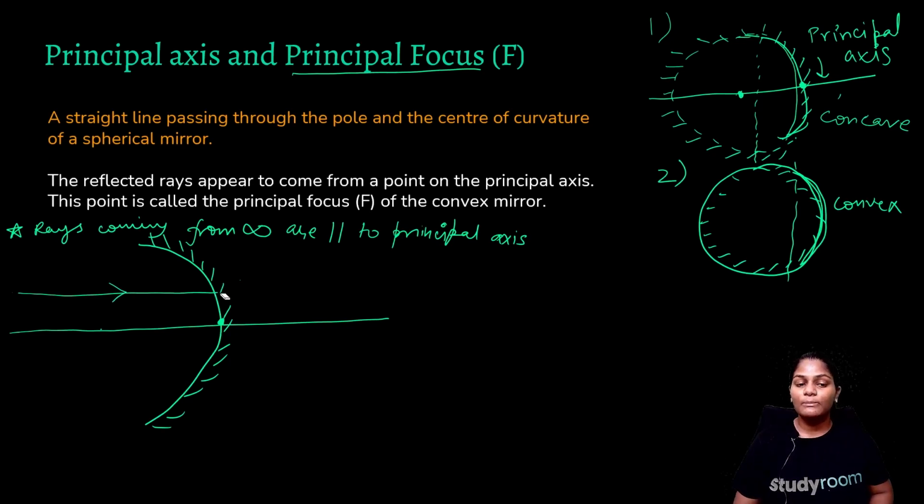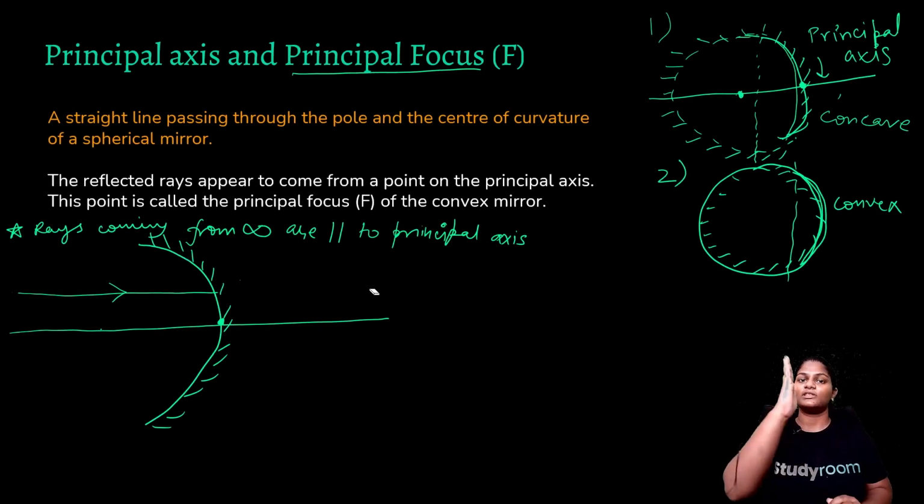So now you remember that when we had done plane mirror, I had said, what is the normal to a mirror? Quickly think about it. A normal is a line that is at 90 degrees to the surface of the mirror, right? And a normal for a plane mirror is in the same direction, because a plane mirror is straight.